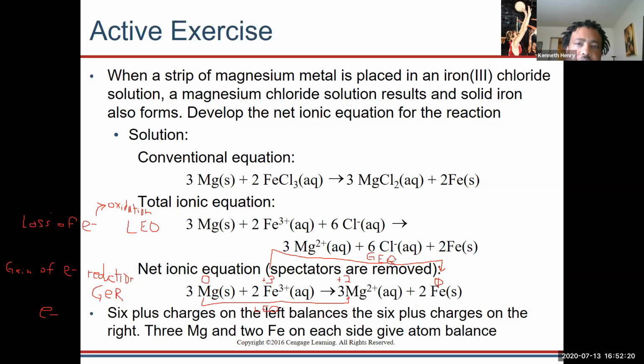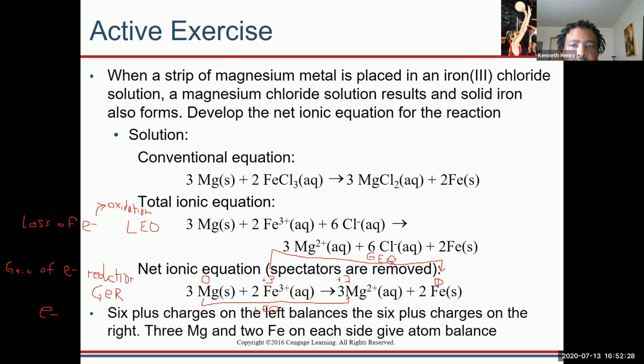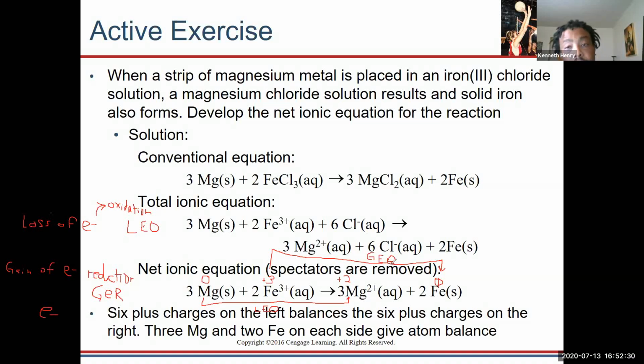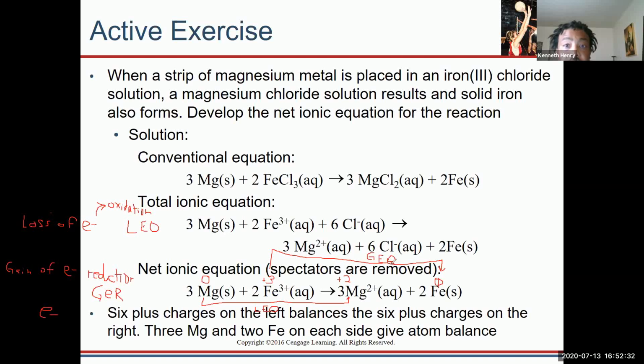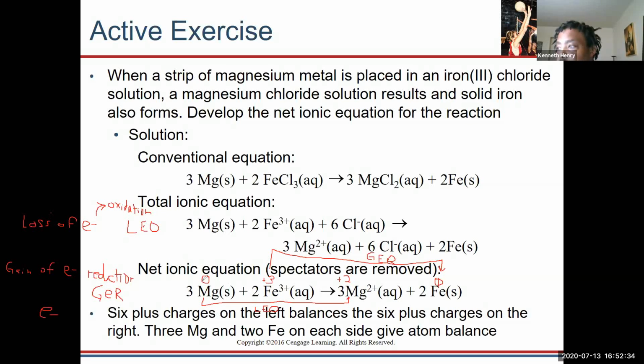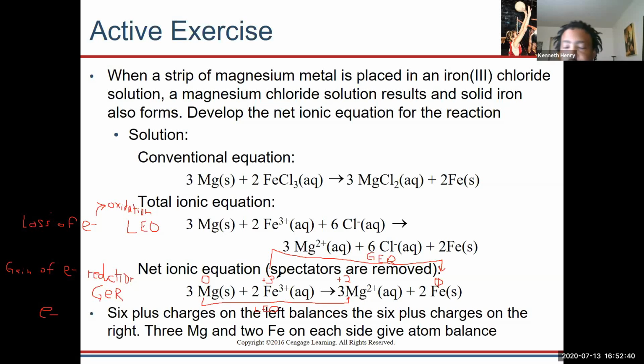So this is called a redox reaction, oxidation reduction reaction. And this is when electrons are being transferred from one species to the other species, right? So in this case, we're losing electrons, so we're taking the electrons from the magnesium and we're giving them to the iron.